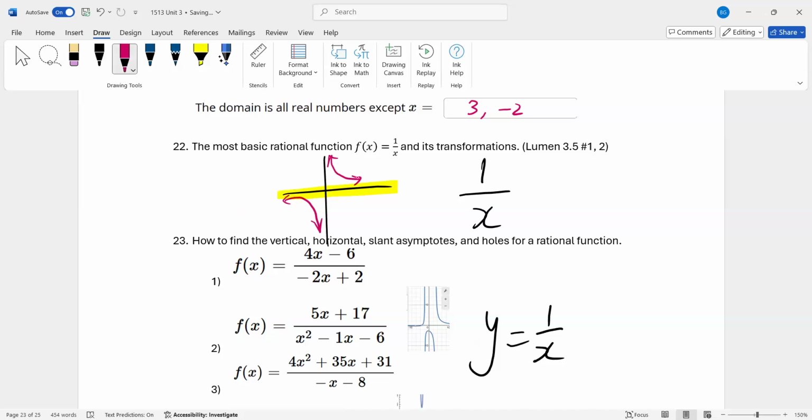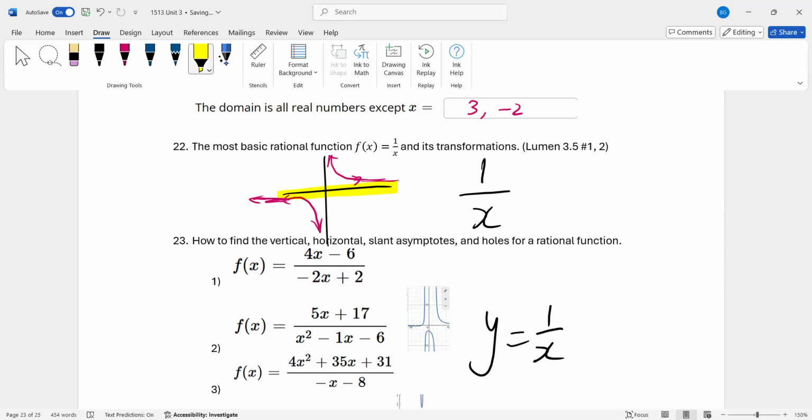Because the branch on the top right is extending indefinitely and gets very, very close to the x-axis, but never touches or crosses it. Similarly, the other branch on the bottom left is also approaching the horizontal axis. So the x-axis is the horizontal asymptote.